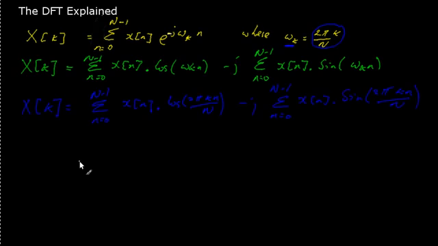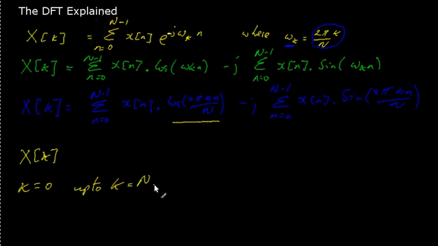Now, what I really want you to focus on is what this represents. Remember that capital X of k is evaluated for different values of k, so it's evaluated for k equal to 0 up to k equal to N minus 1.